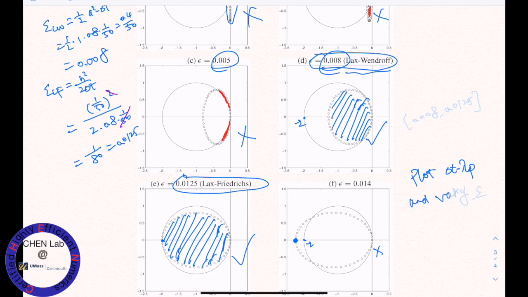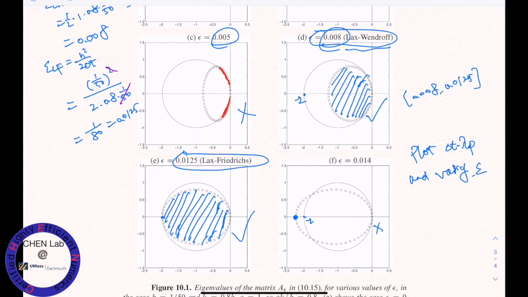And you vary epsilon, right? In particular, for this particular example, when epsilon is between 0.008 and 0.0125, the scheme will be stable. You can vary that epsilon and plot that region. You'll see as the epsilon varies, this region will change. Okay.